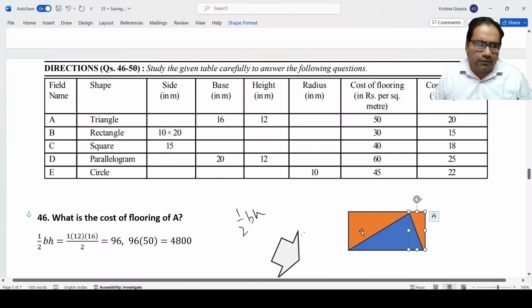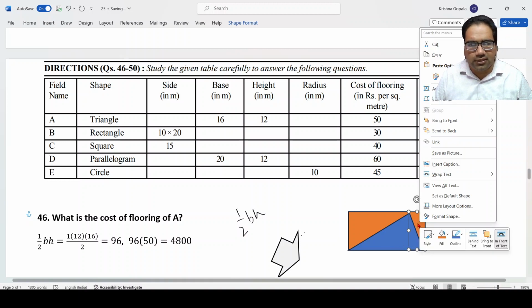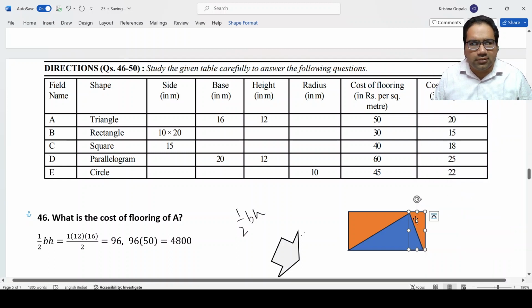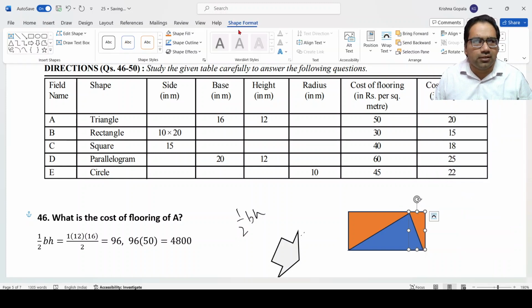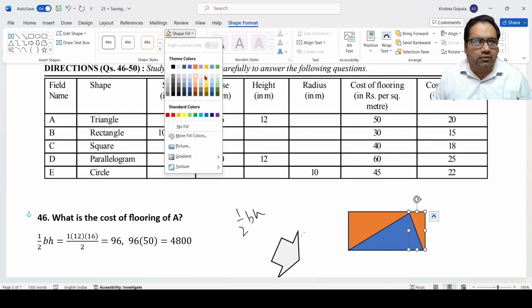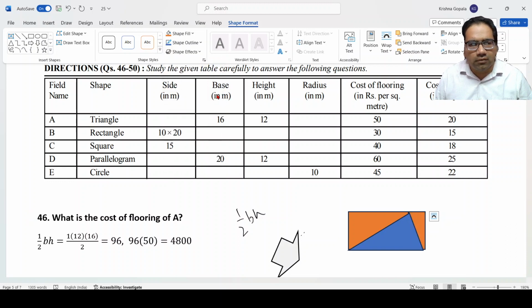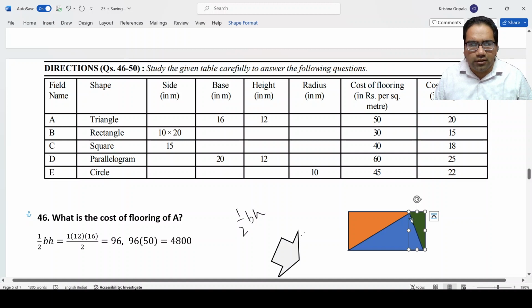One part is half of the leftmost rectangle, and this part is half of this rectangle. Let me color it. Okay, this triangle is one half of the green rectangle plus half of this orange rectangle.